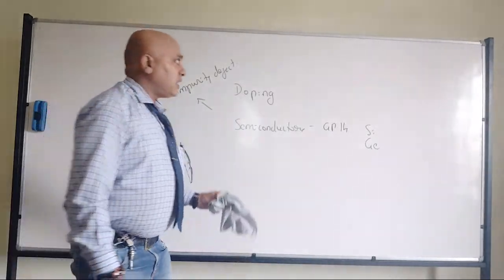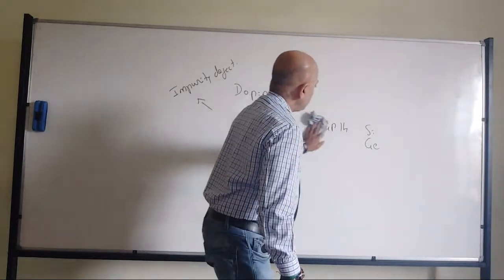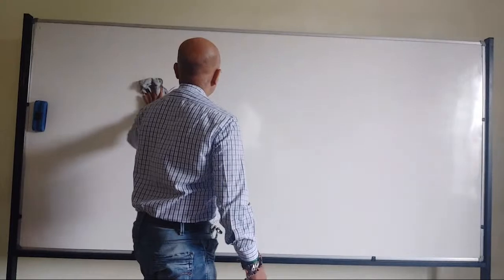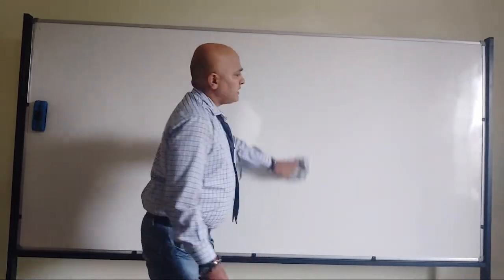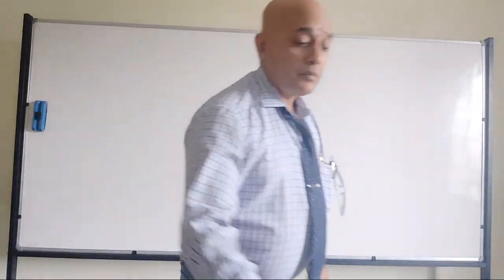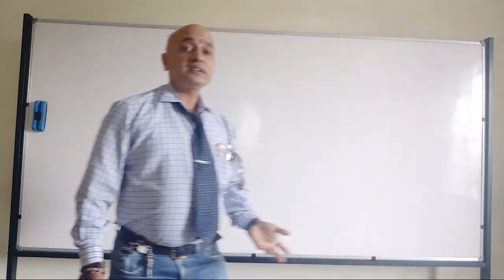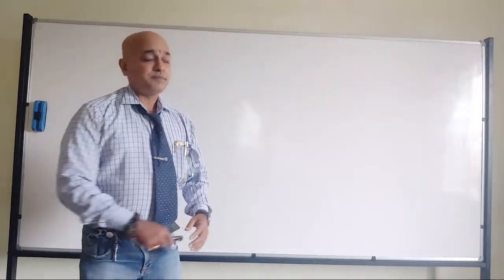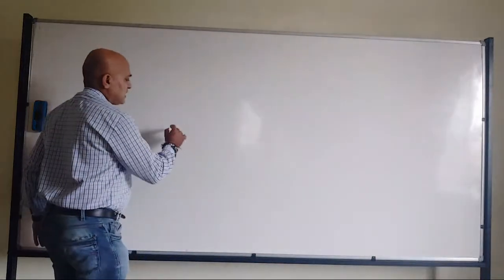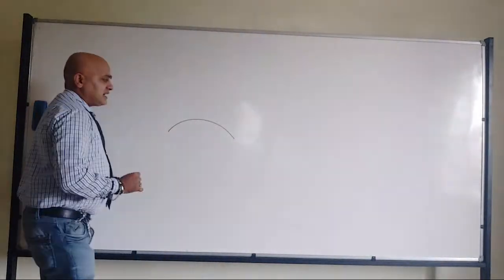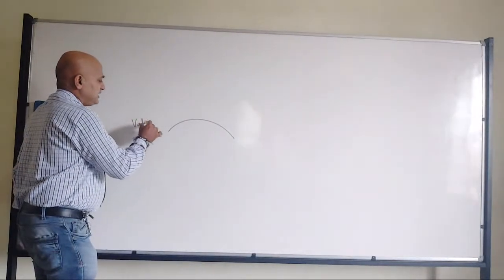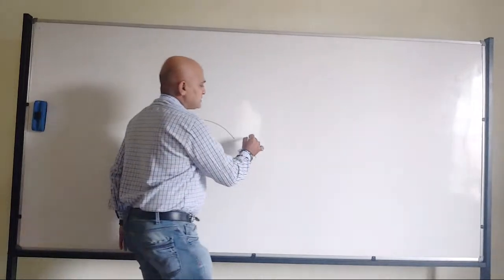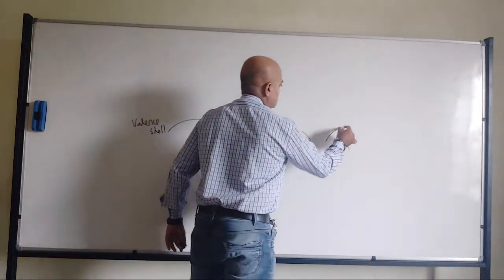Now, why do we have different varieties of elements based on conductivity? Some are non-conductors, some are semiconductors, and some are conductors. What is the reason? As I was telling in the last class, imagine this as a valence shell, this as a valence shell, and same way here also.